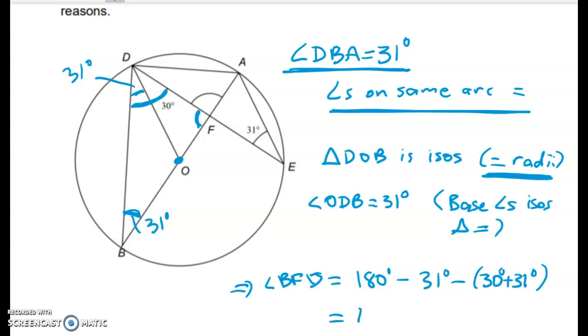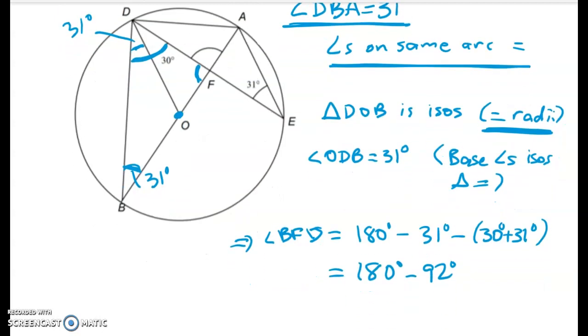So what does that work out to be? Well, that's 180 minus 92 degrees. So that's 88 degrees because angles in a triangle equal 180. Now there is a faster way to do this, but I'm doing it this way first. So we know this is 88, and so the one we're after is really easy.